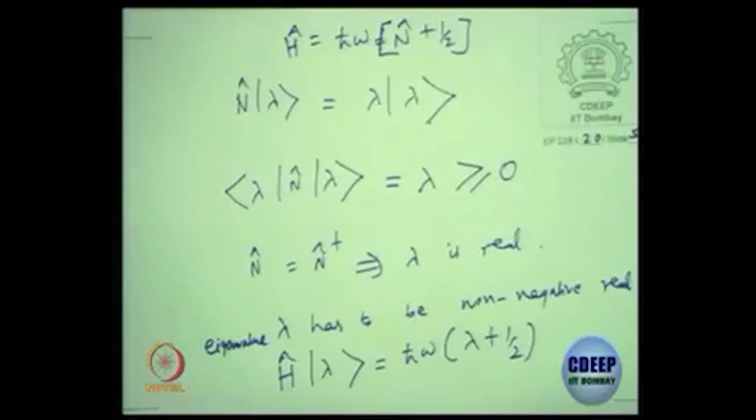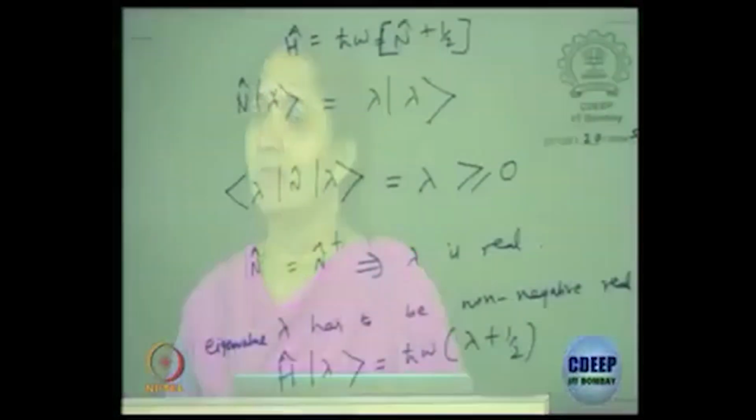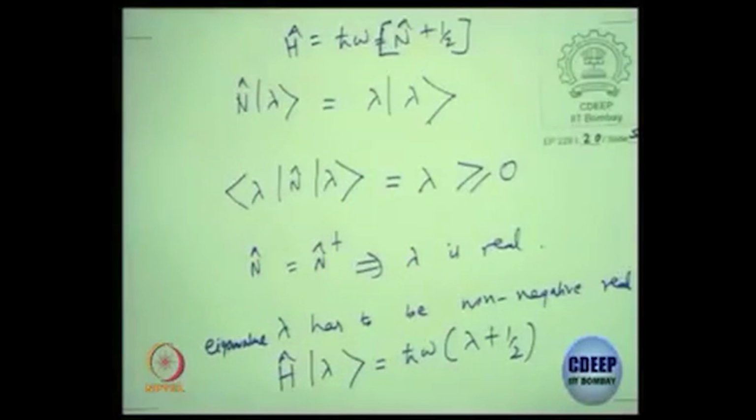I will also tell you why this is called a number operator, because you know the eigenvalues of the harmonic oscillator involved integers which were non-negative, which is consistent with all these. But why integers? This condition only tells me lambda has to be real.